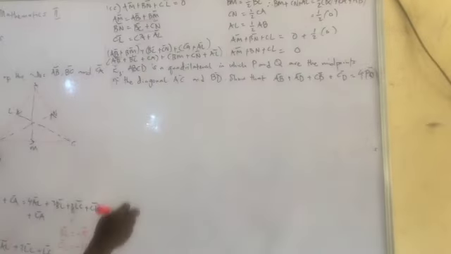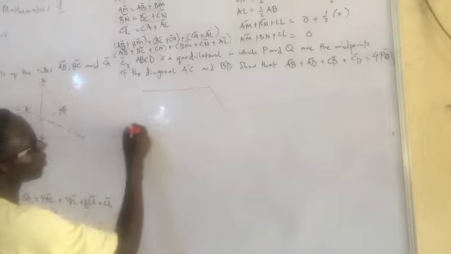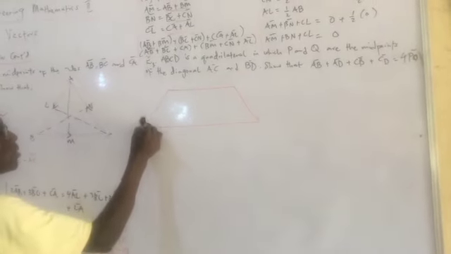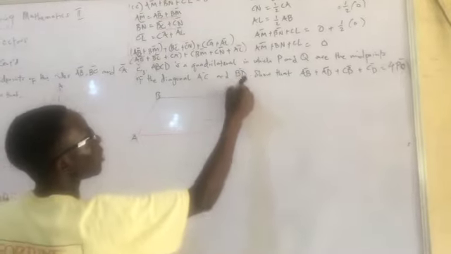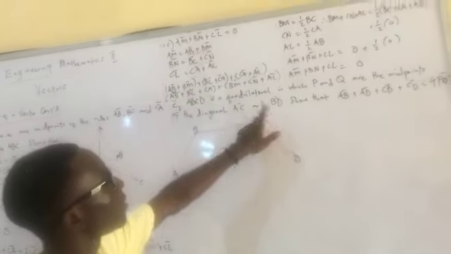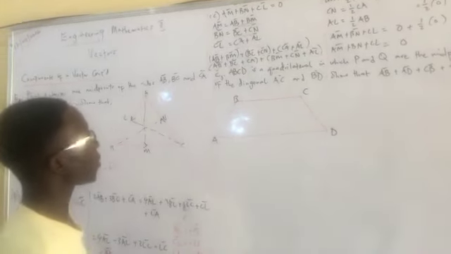So first thing to do is to draw your quadrilateral this way. So let's label ABCD according to how we have it. Now ABCD. Now diagonals AC and BD. So let's indicate that also.